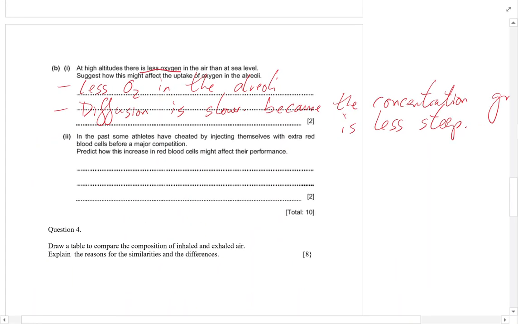Part B. In the past, some athletes have cheated by injecting themselves with extra red blood cells before a major competition. Predict how this increase in red blood cells might affect their performance.